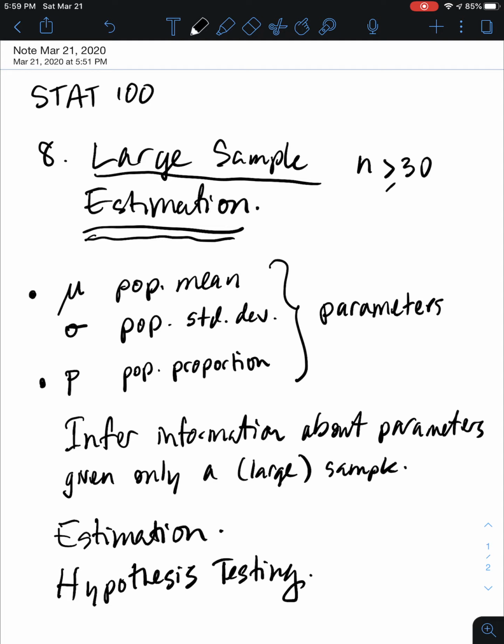The mechanism that we're going to use for estimation is something called confidence intervals. I use the abbreviation CI for confidence intervals, and hypothesis testing has the abbreviation HT. And so that explains some of the words that we saw in the course outline at the beginning of the course.